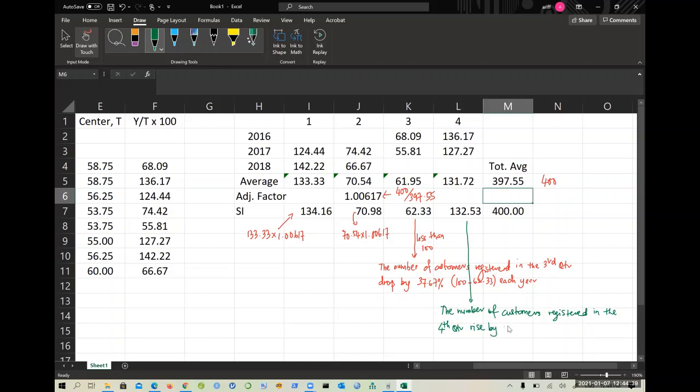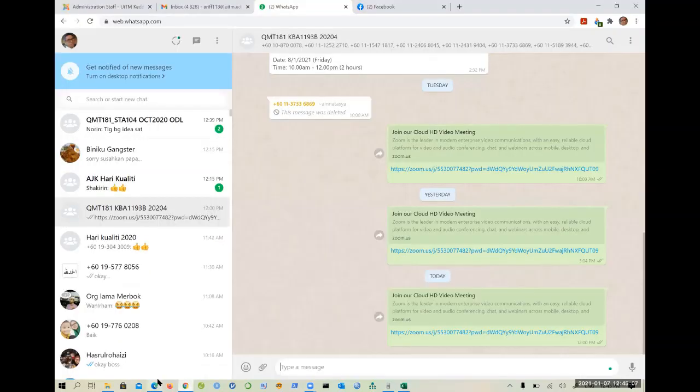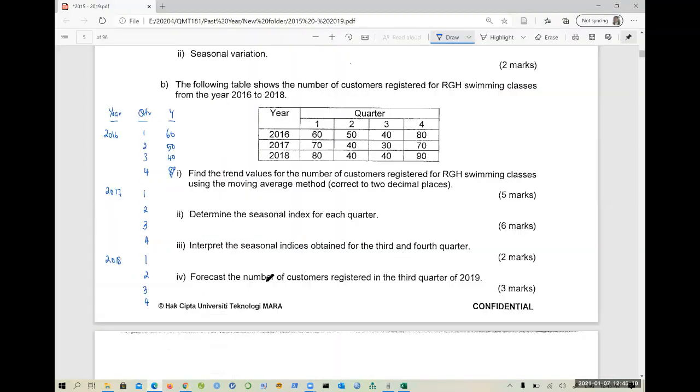So in this case 32.53%. So how do you get this value? This is 132.53 minus 100, right? Each year. Okay, so that answer the third question, that is interpret the seasonal index for the third and the fourth quarter.